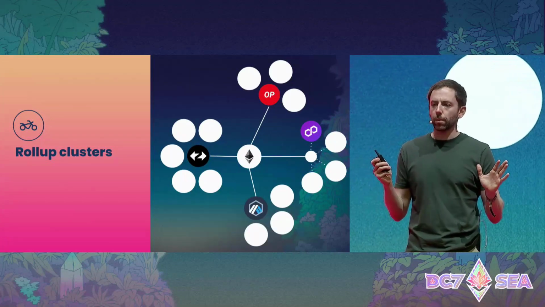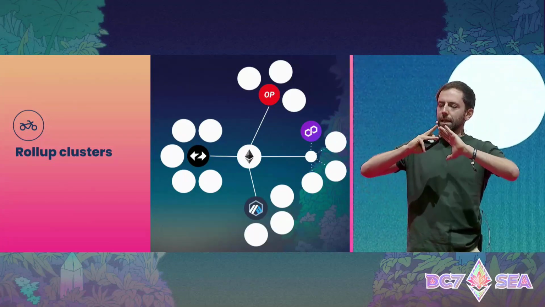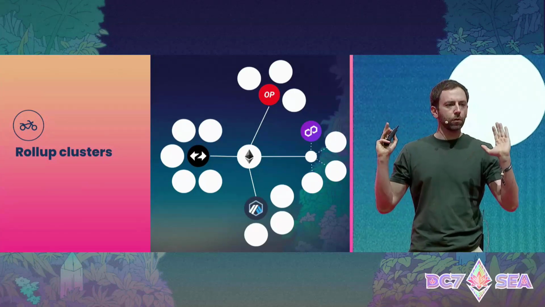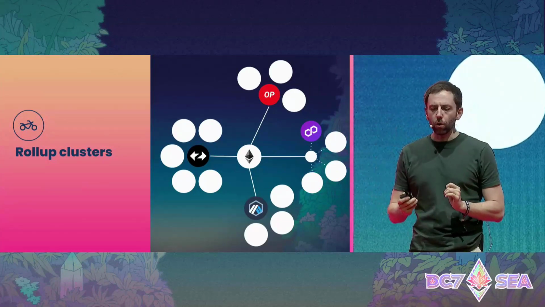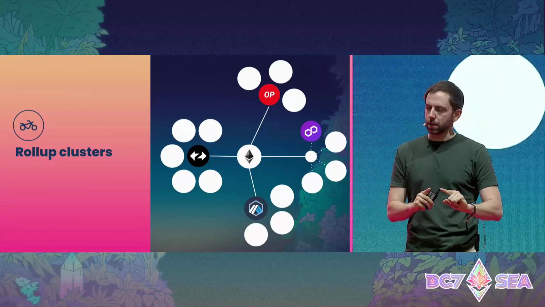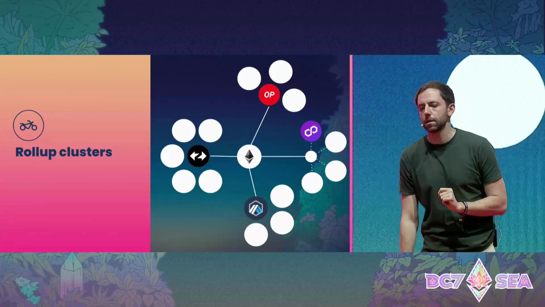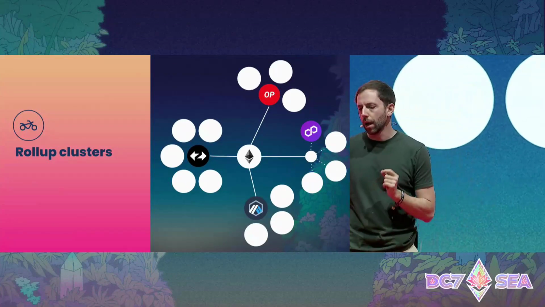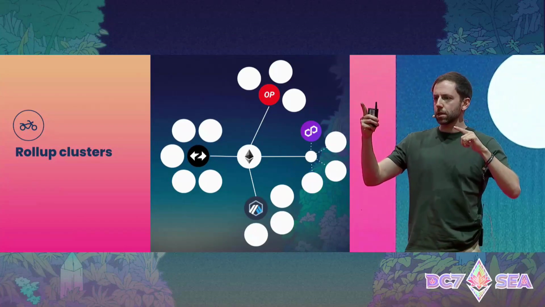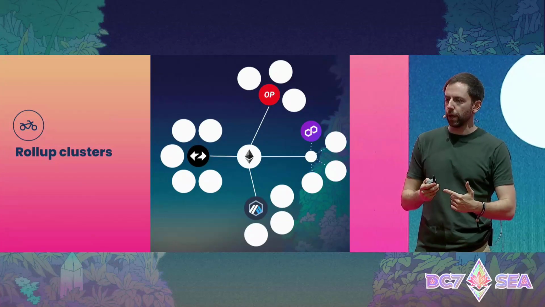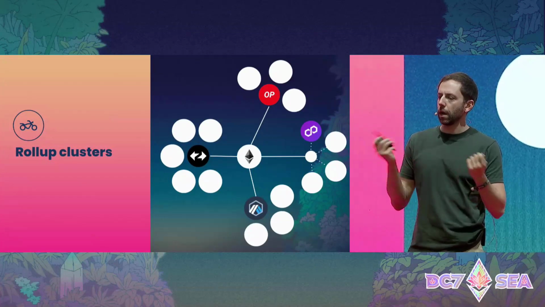And what defines a rollup cluster is that it enables this perfect world of the UX that I was talking about before within the boundaries of the cluster. So it only applies to the chains inside this one cluster. And between the clusters, we'll have the same problems as we have today at this stage, and we have the same solutions.